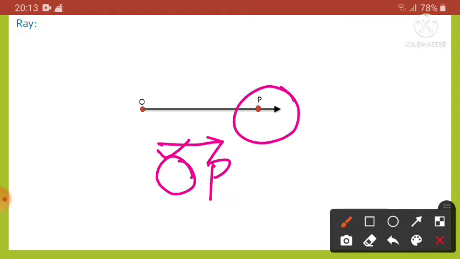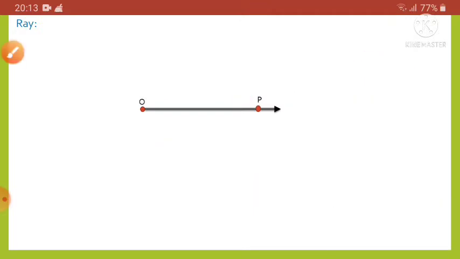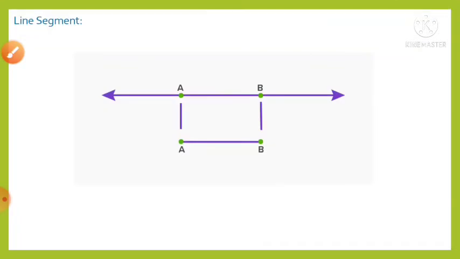For a ray the arrow is in only one direction, but for a line it is on both directions. That is the difference.